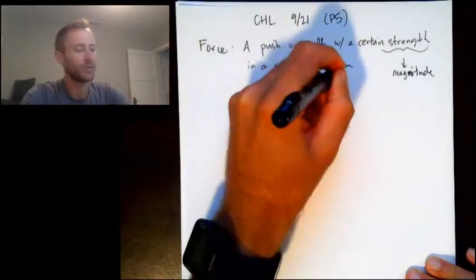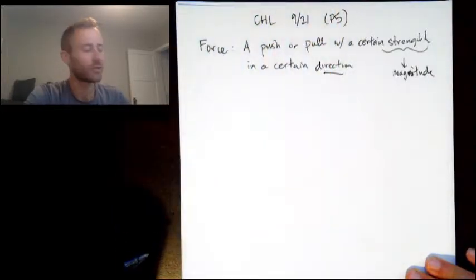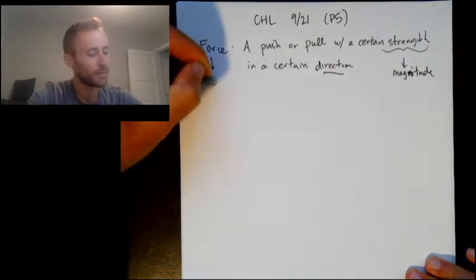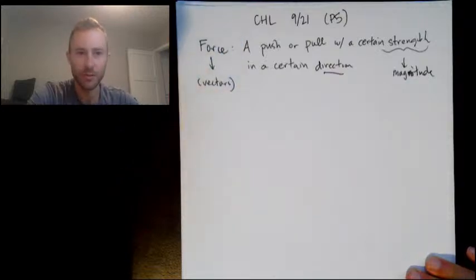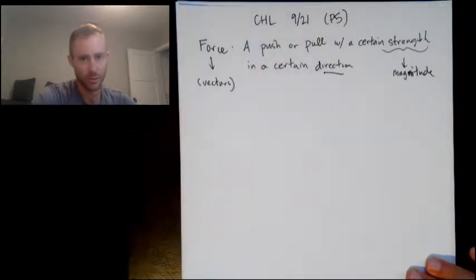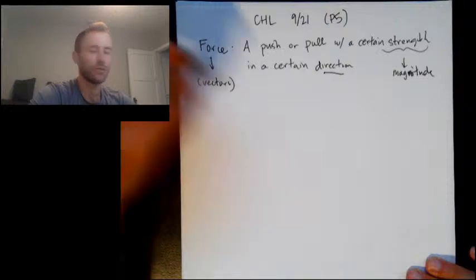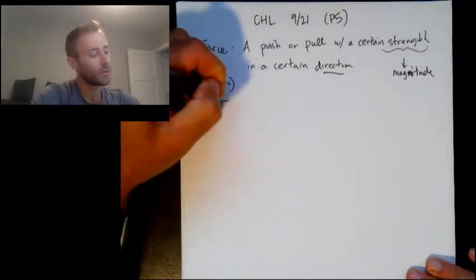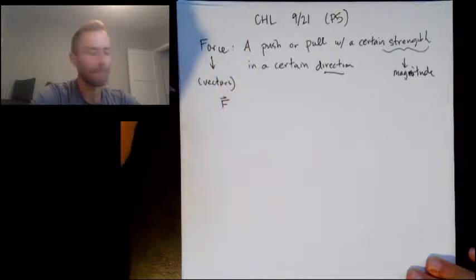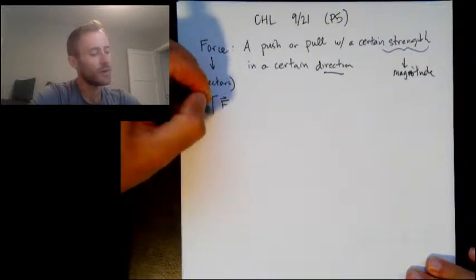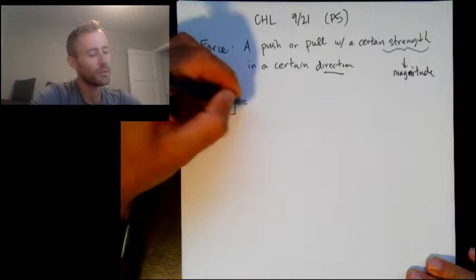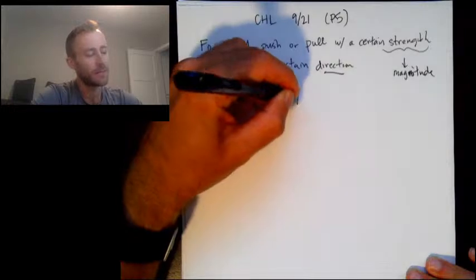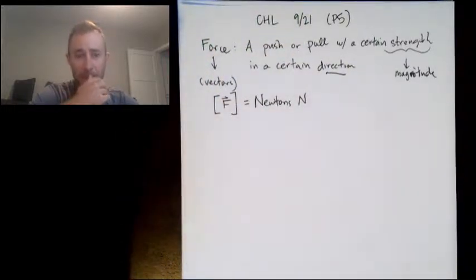And then it has a certain direction. So forces are vectors. Just like there's a position vector, velocity vector, and acceleration vector, there's also a force vector, denoted by F. The units of force are newtons, denoted N.